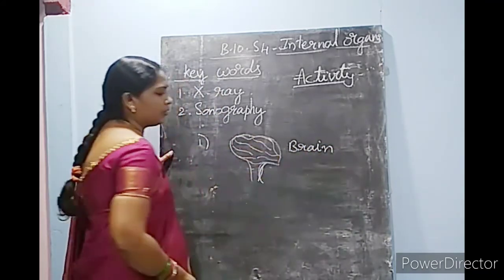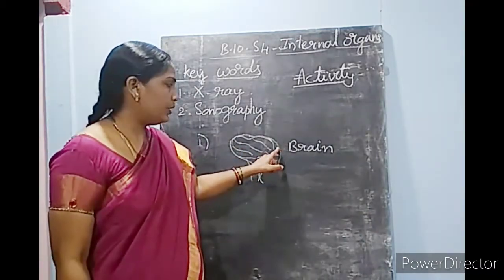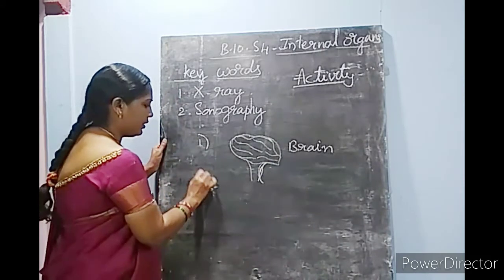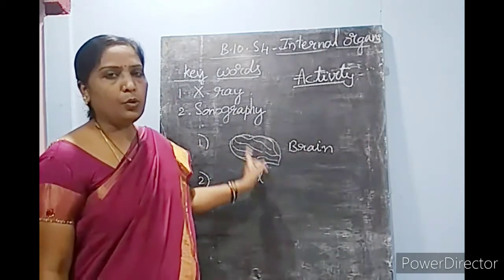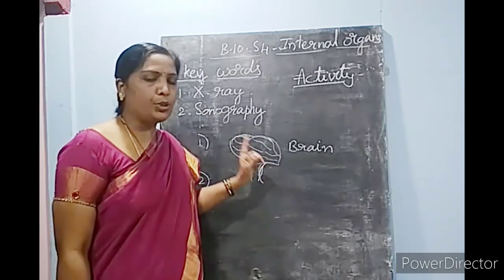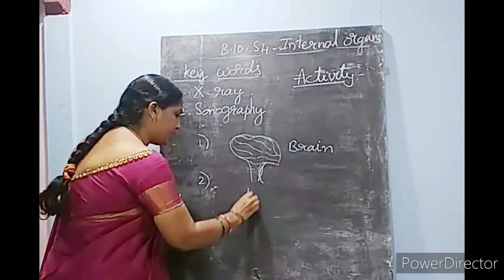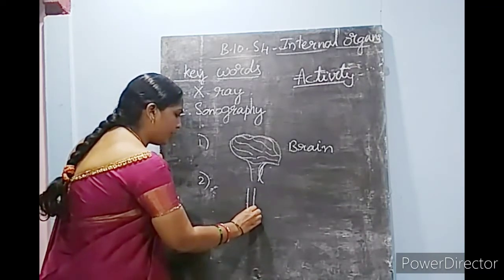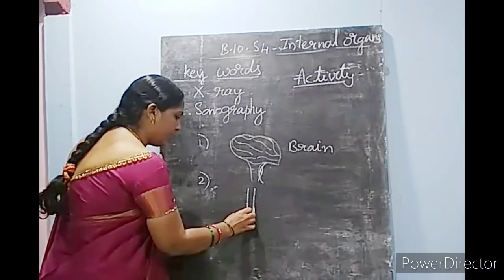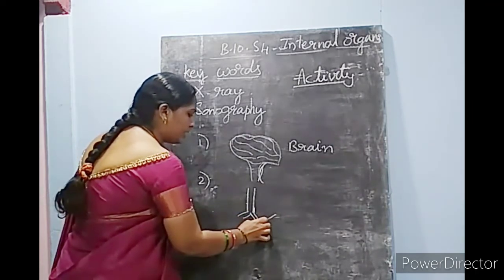Your brain is located in the head. So this is your brain. You try to make an outline of the brain or else do the drawing. That's your today's activity. And for the next internal organ, you try to draw along with me or else you can make the outline by using some clay.